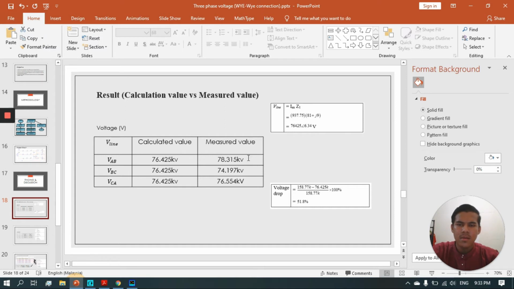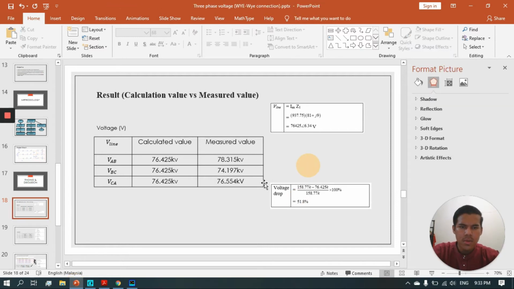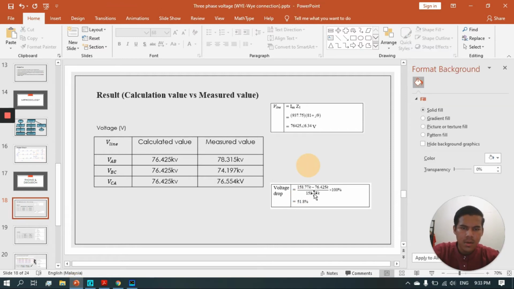As you can see here, this is 76.425 kilovolt, while the measured value for VAB is 78.315 kilovolt. VBC also didn't have the same value, and the VCA also does not have the same value between calculated and measured value.